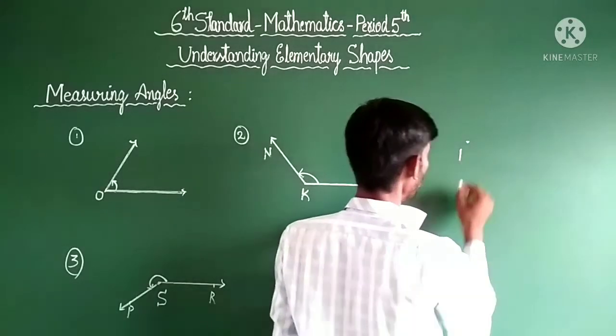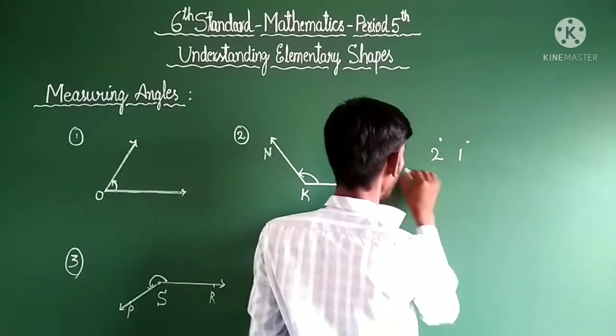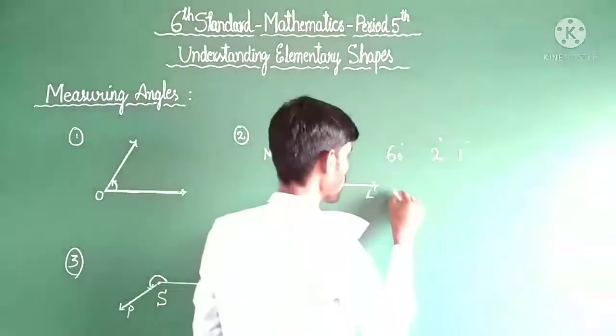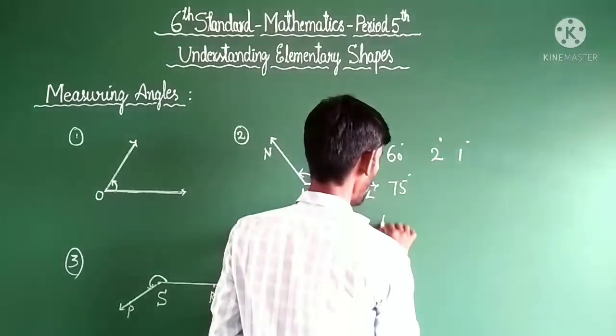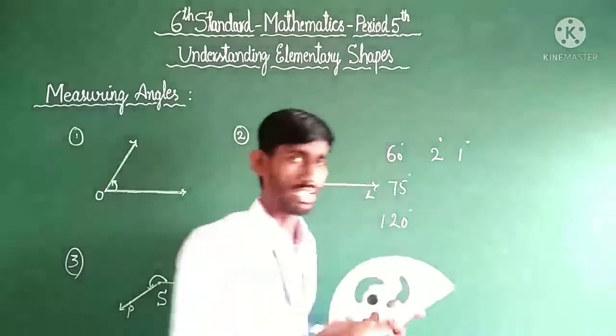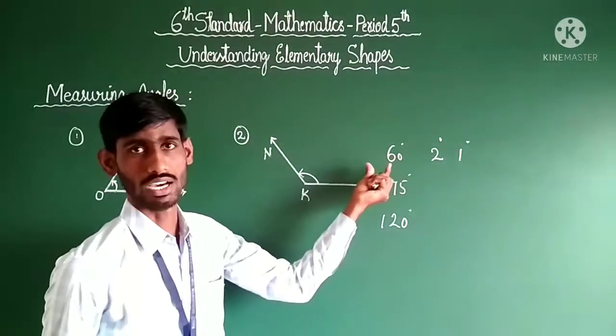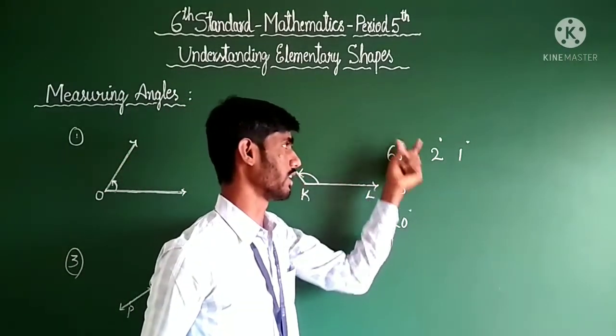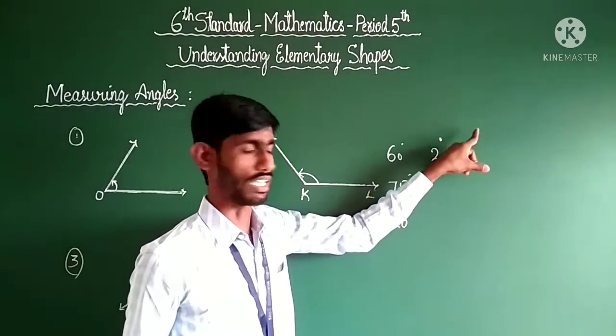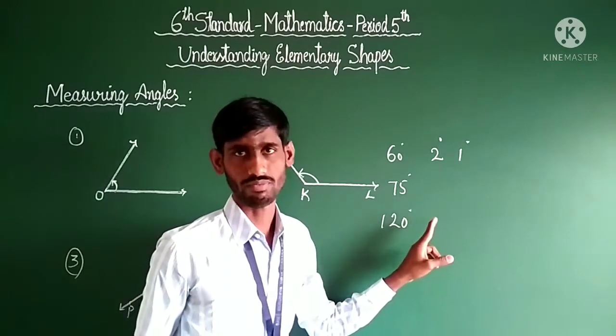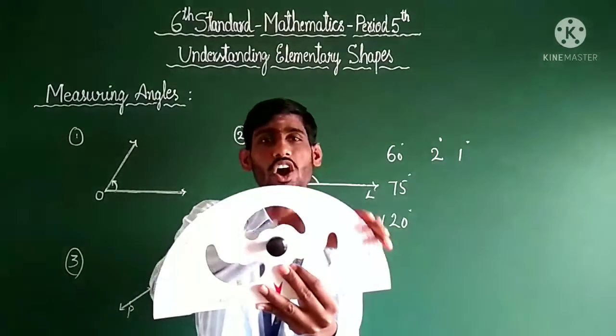For example, 1 degree, 2 degree, 60 degree, 75 degree, 120 degree. Angles are represented in degrees. Clear?